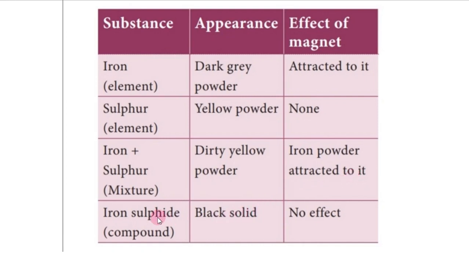And see the last column, iron sulfide. After heating the mixture, that is the iron sulfide compound, a black solid. It has no effect because a chemical reaction has taken place. We cannot get the iron property or the sulfur property, so no effect. Have you understood?